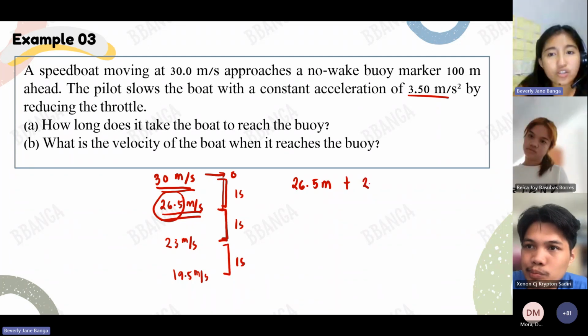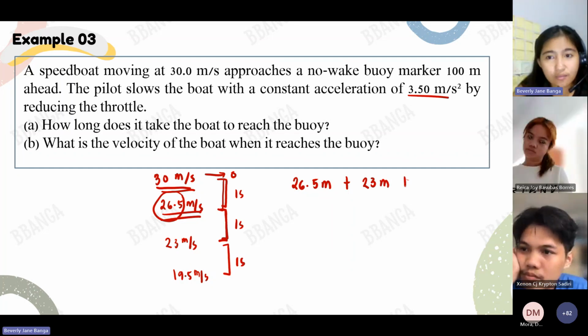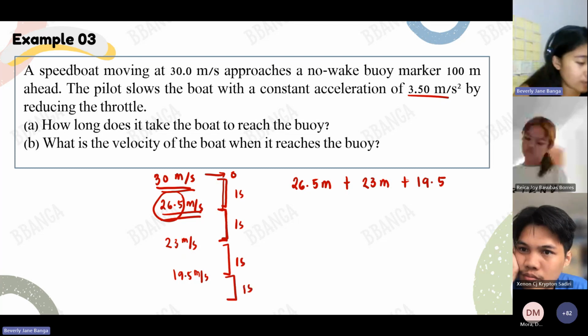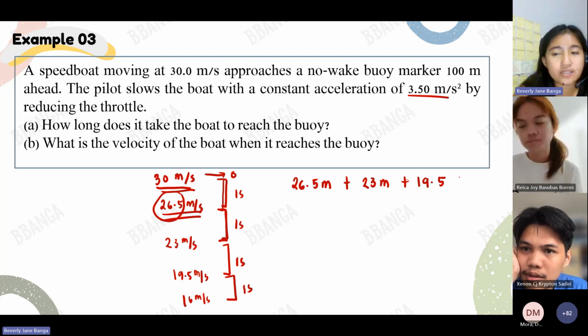Therefore, nakatravel siya ng 23 meters. Nakukuha? And then sa next ulit, ang distance niya ay 19.5 na lang in 1 second. And then another second later, 19.5 minus 3.5, ang speed na lang niya ay 16 meter per second.